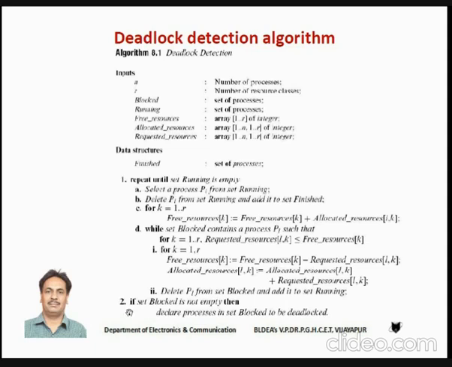In the second step, he has written the same thing. If the set blocked is not empty, that is, after carrying out this entire loop, if the set blocked is not empty, then we declare that the processes in that blocked set are deadlocked.